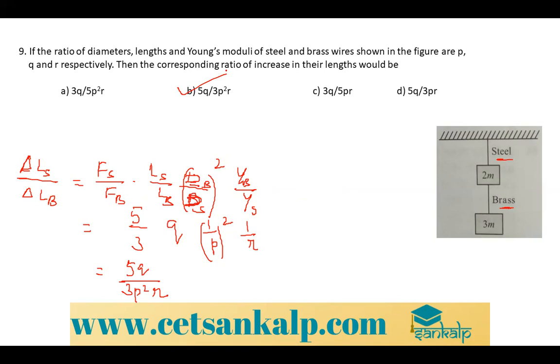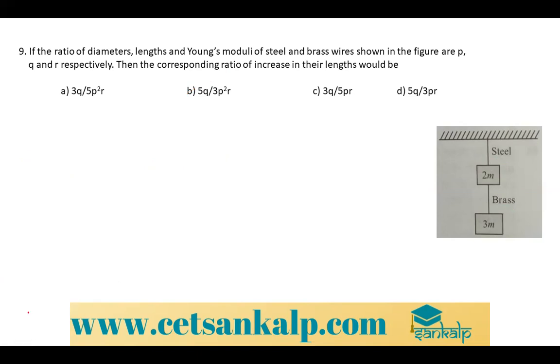Okay, once again I'll neatly repeat this kind of problem. They have given Y is equal to FL divided by pi r square into delta L. That is nothing but your formula. But I want it in terms of diameter.